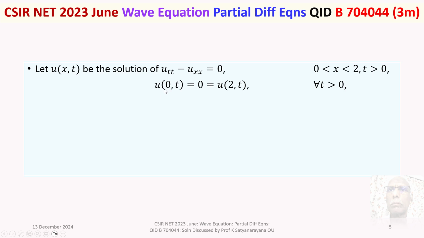Given u at 0 comma t is equal to 0 is equal to u at 2 comma t for all t greater than 0.